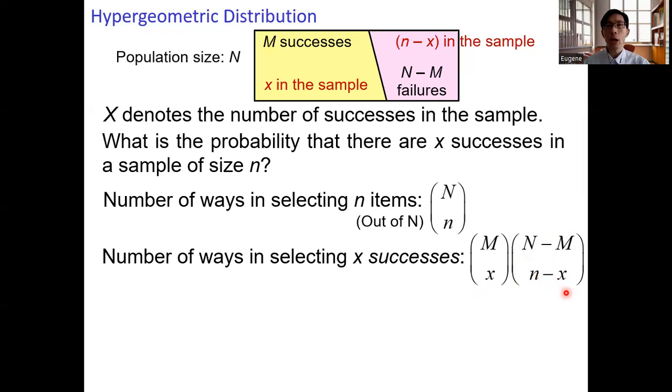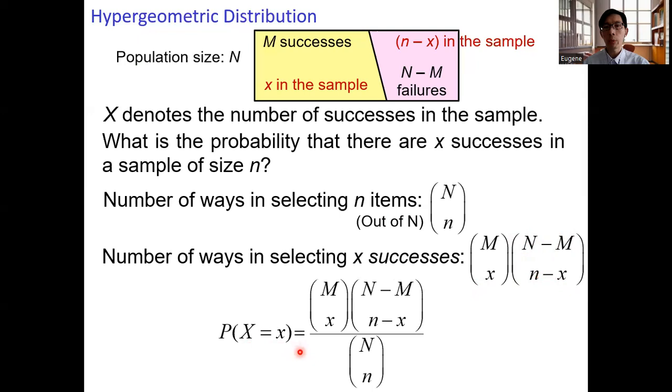So the probability of getting x successes in a sample of size n, P of X equals x, equals M choose x times N minus M choose n minus x, over big N choose small n. And this is the PMF of the hypergeometric distribution.